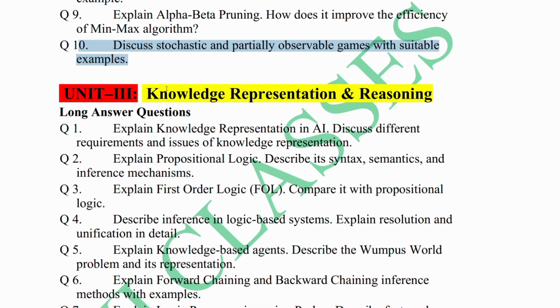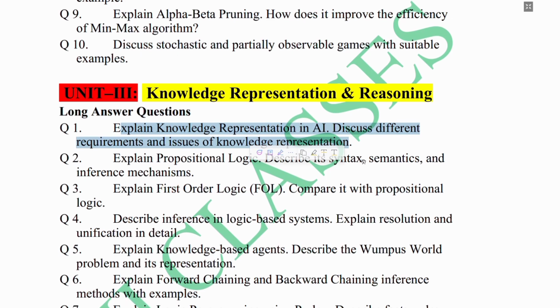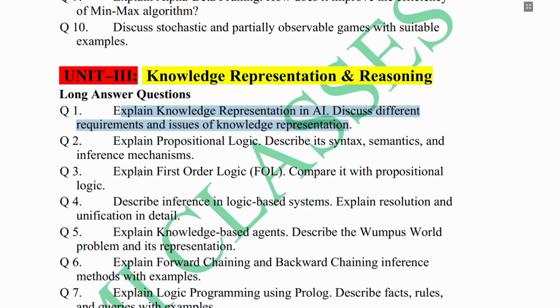Here we start Unit 3, which is Knowledge Representation and Reasoning. The first question is: explain knowledge representation in AI, and discuss the different requirements and issues of knowledge representation. The next question is: explain propositional logic, and describe its syntax, semantics, and inference mechanism.